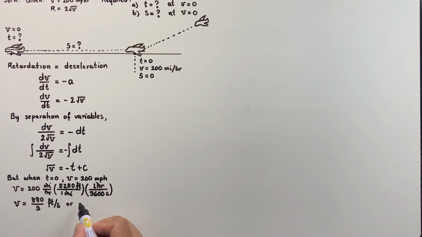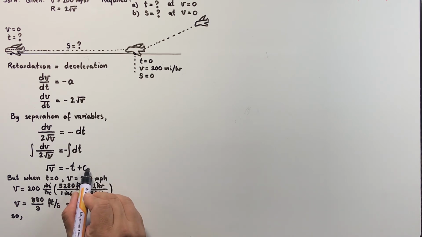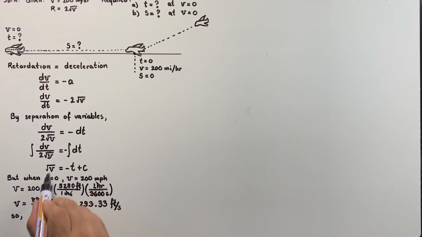Or in other words, you can convert it to decimal, that this is equal to 293.33 feet per second.